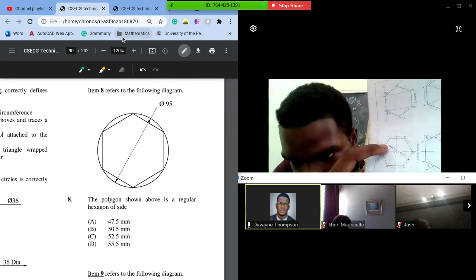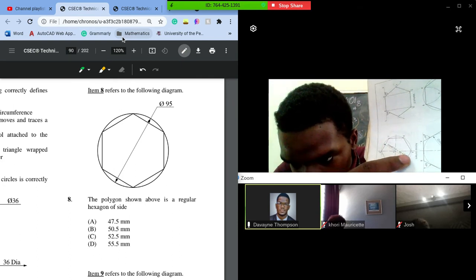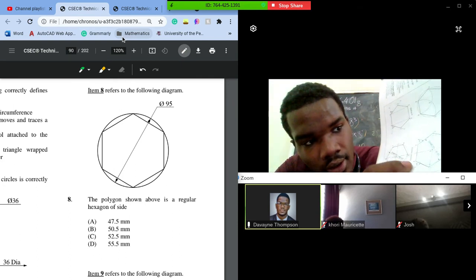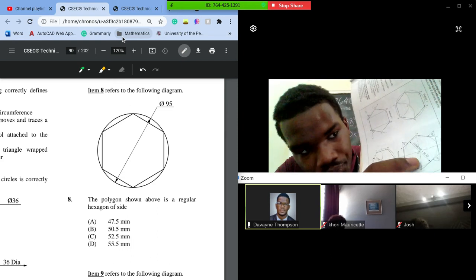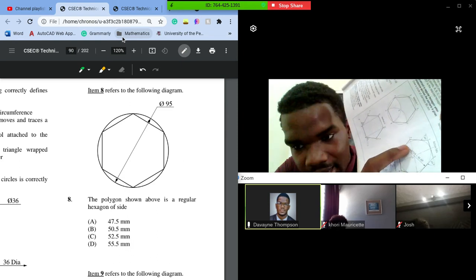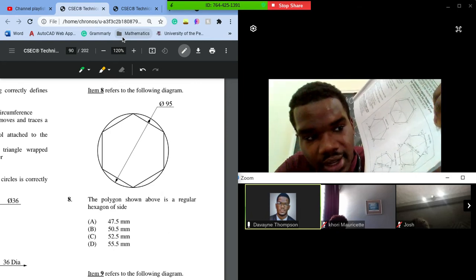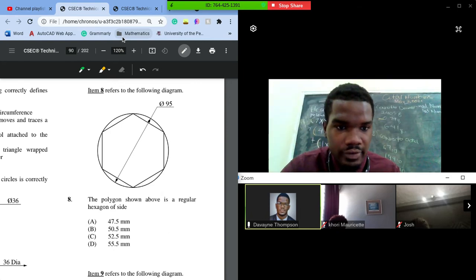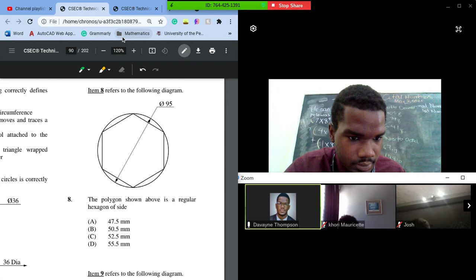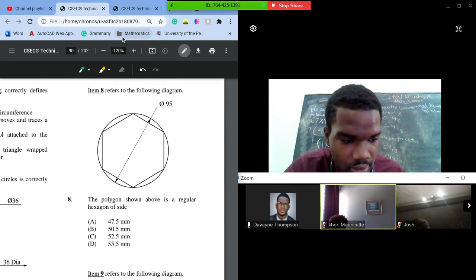So from one point on the circle, go to the next point, that's across corners. But when the circle is on the same point as the hexagon's flat, that's across flats. Clear, everybody? So that's the difference between across flats and across corners.